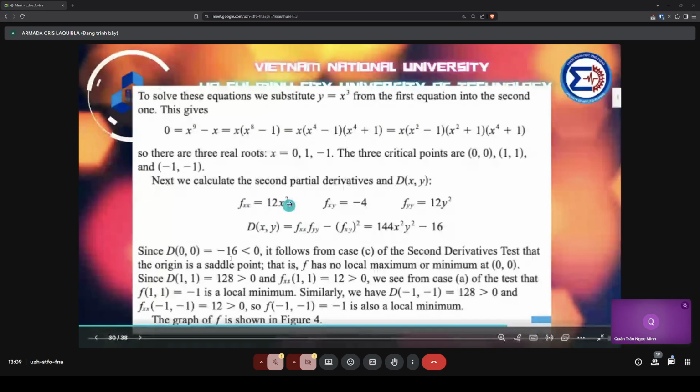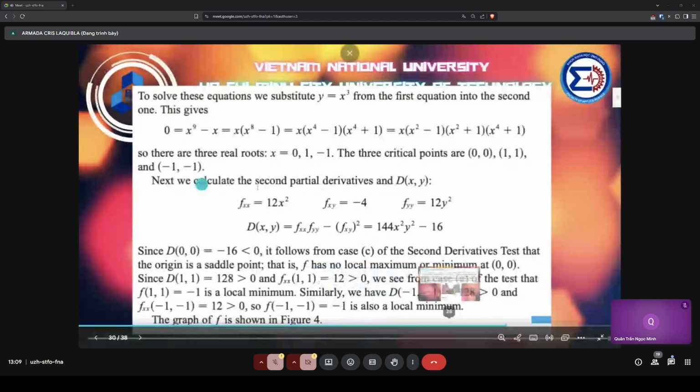When you square it, it's positive 1 times 12. It's still positive 12. So it's a positive number. So therefore, again, class, your f of (-1,-1), which is equal to -1, is also a local minimum.